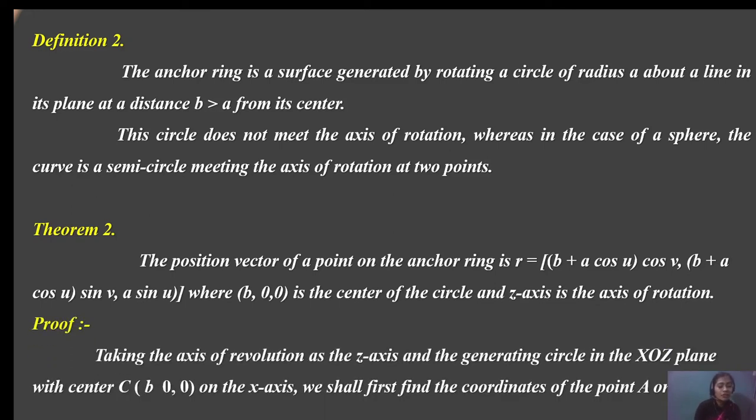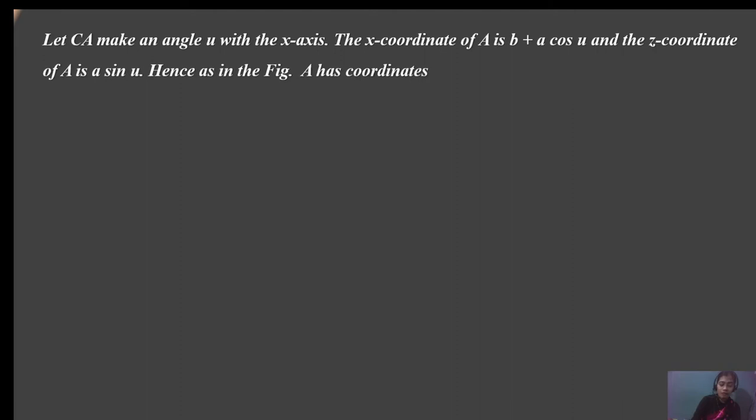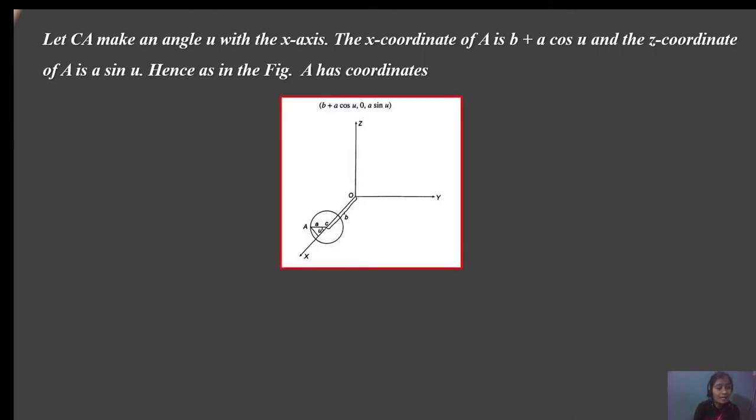Taking the axis of rotation as the z axis and generating the circle in the xz plane with the center C at (b, 0, 0) on the x axis, we first find the coordinates of a point on the circle. Let CA make an angle u with the x axis. The x coordinate of A is b plus a cos u and the z coordinate of A is a sin u.